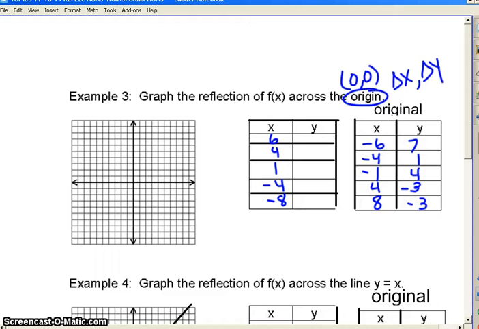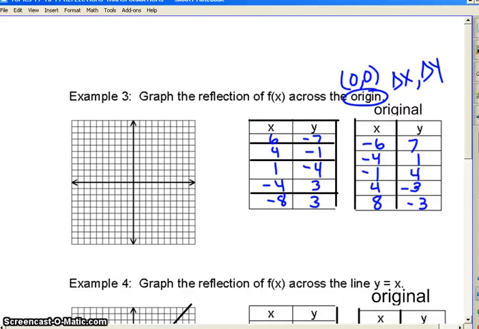Okay, and then all the y values are going to change as well. Negative 7, negative 1, negative 4, positive 3, positive 3. So you just change both.